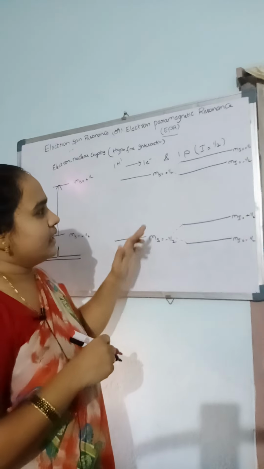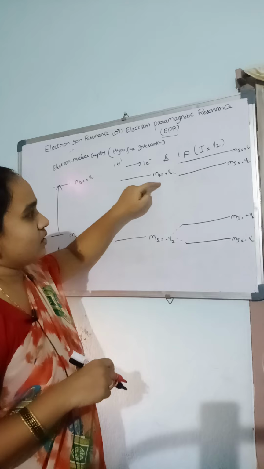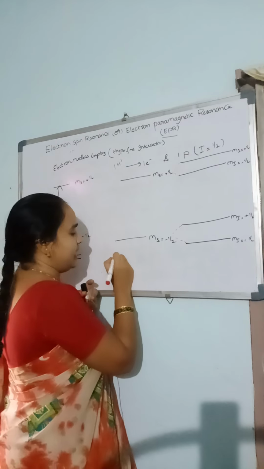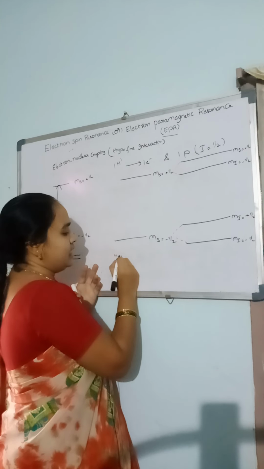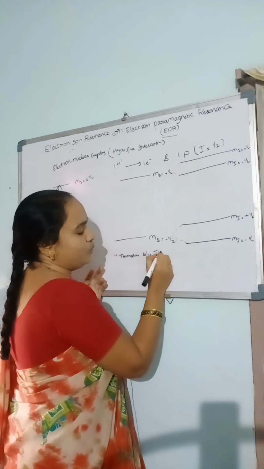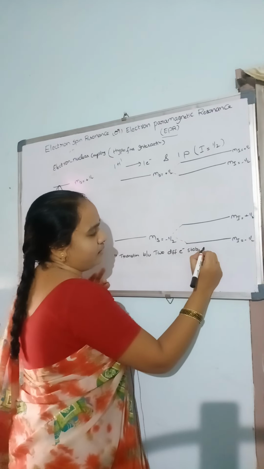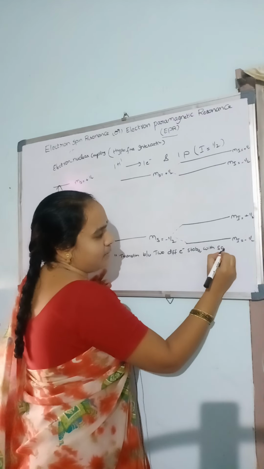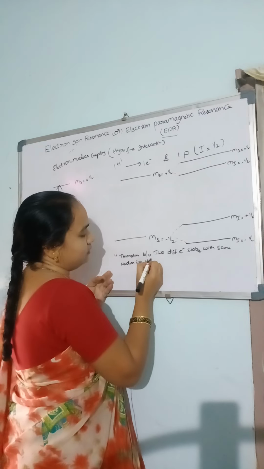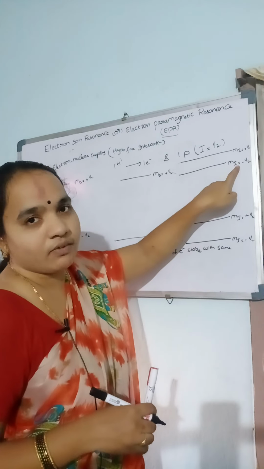Here the transitions can be observed between two different electron spin states but with the same nuclear spin states. Here the transition is allowed. Important one is, here transitions are drawn between two different electron states with the same nuclear spin states. For these states, mI equal to minus half, and for this state, mI equal to minus half.